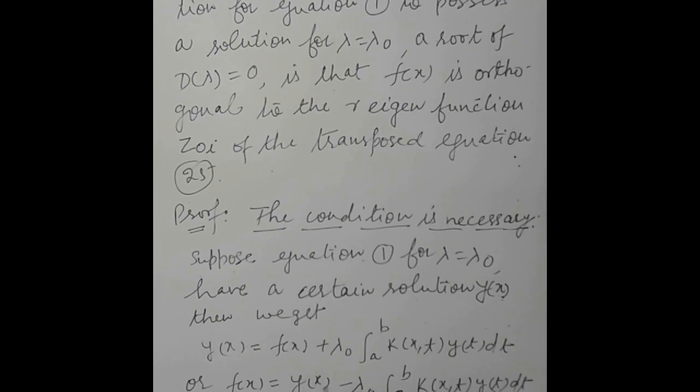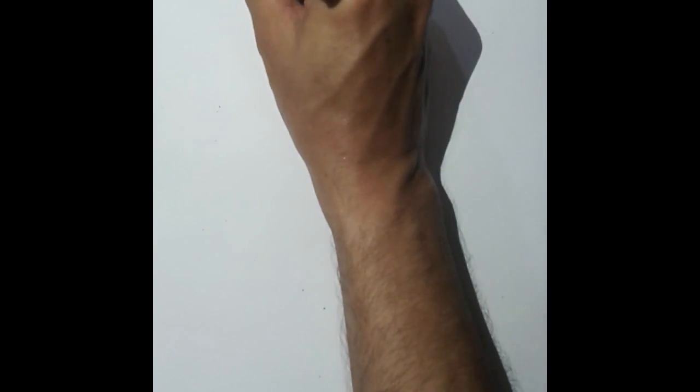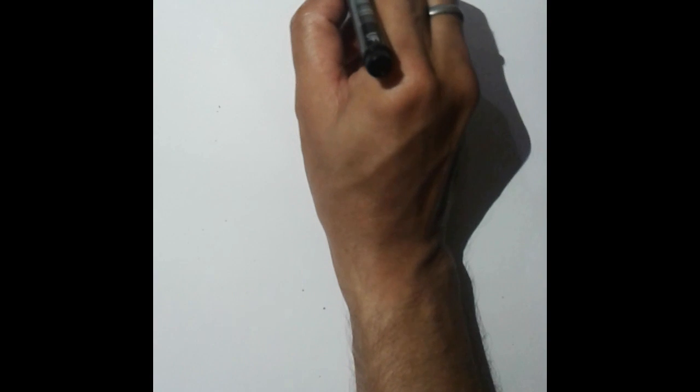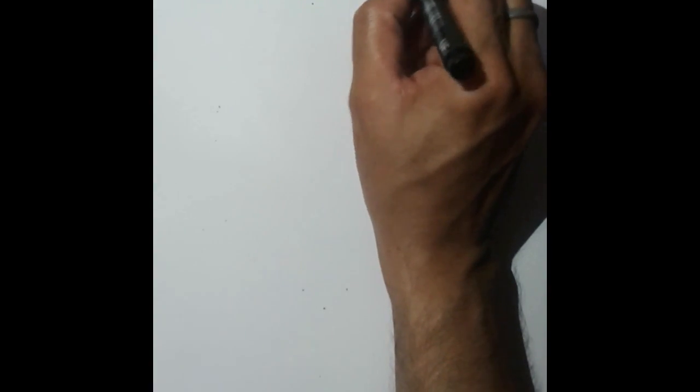Now multiplying this equation by z naught i(x) and then integrating with respect to x from a to b, we get the integral from a to b f(x) z naught i(x) dx equal to the integral from a to b y(x) z naught i(x) dx minus lambda naught, the integral from a to b z naught i(x), the integral from a to b k(x,t) y(t) dt dx.